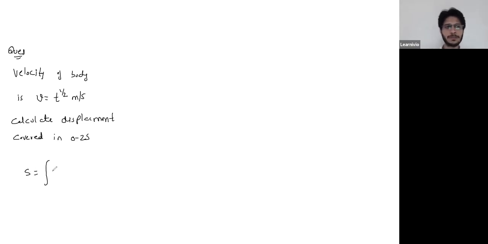So displacement is simply the integral of velocity from initial time to final time. So velocity is just t to the power half dt. Okay, 0 to 2. So it's the integral of t to the power half dt.